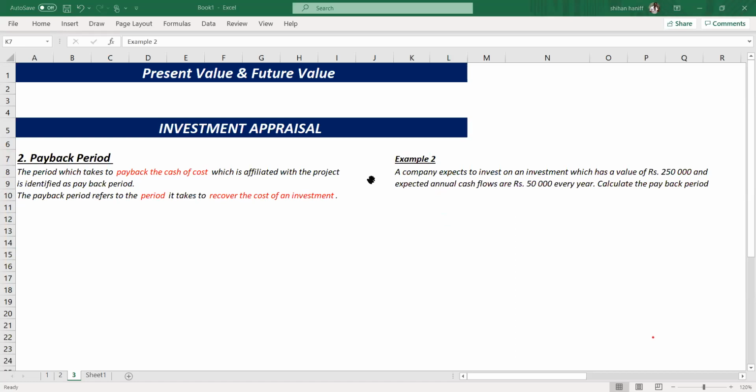So in example 2, future cash flows are equal in every period.